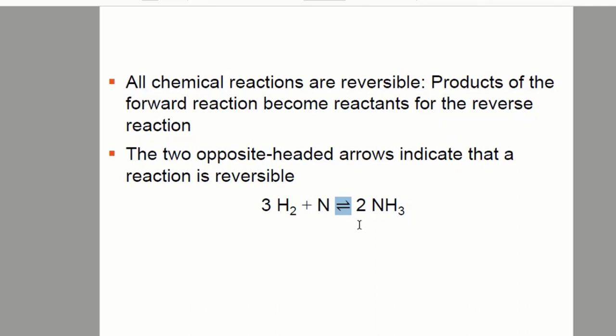All chemical reactions are reversible. The products of the forward reaction become reactants for the reverse reaction.